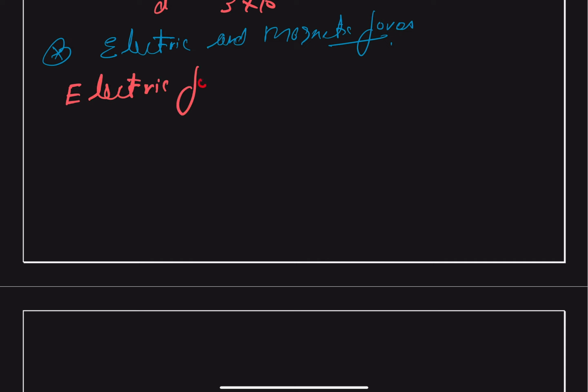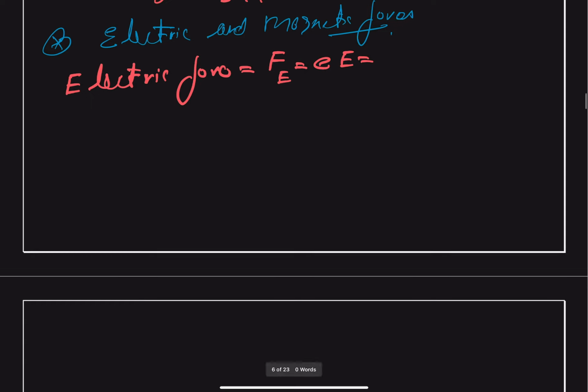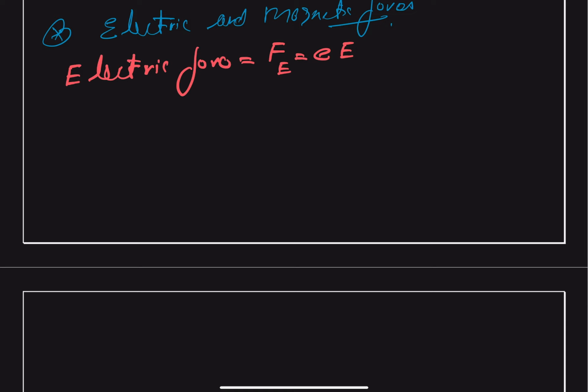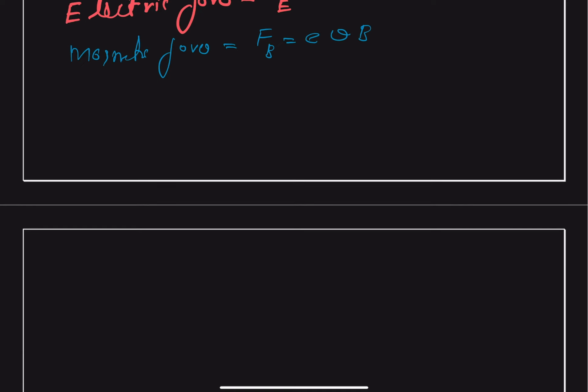Electric force, if given as Fe, will be equal to charge on electron and the magnitude of E, and we have the magnetic force. Let us call that Fb, which will be equal to charge, velocity and value of the magnetic field, and the magnitude will be equal for undeflected electron.